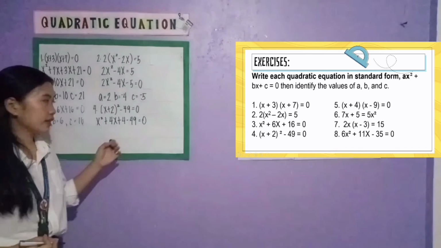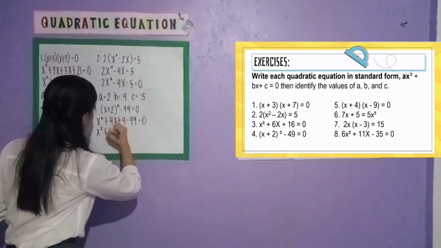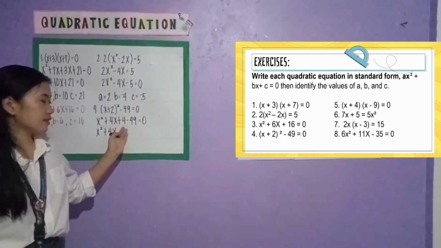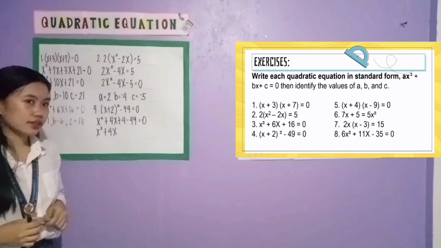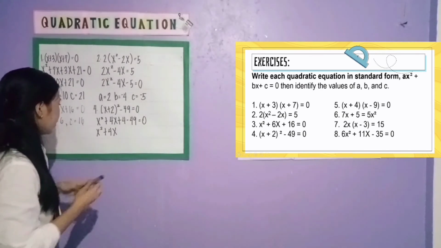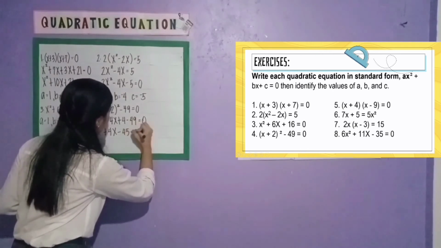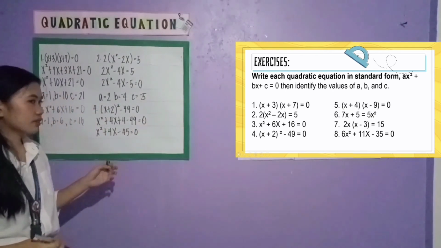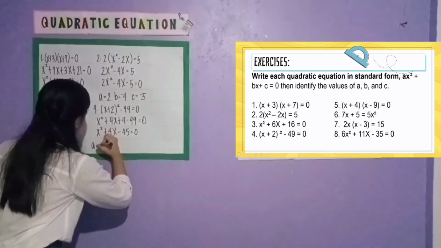So combine the like terms. X squared plus 4x. Positive 4 minus 49 is equal to negative 45. So the answer will be negative 45. Let's get the value of A, B, and C. A is positive 1.